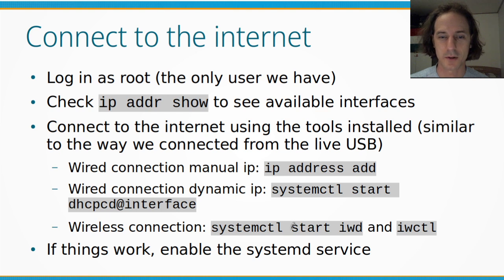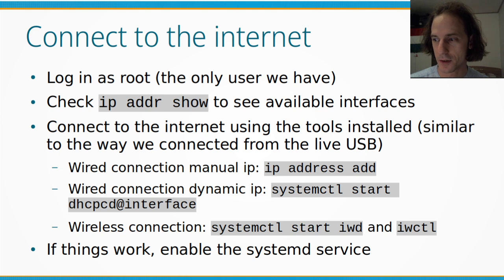Or if you have a wireless connection, you will have to use the iwd suite, which you should have installed from the live environment. I hope you installed it from the live environment. You check if the internet works, and if things work, you enable the systemd service.